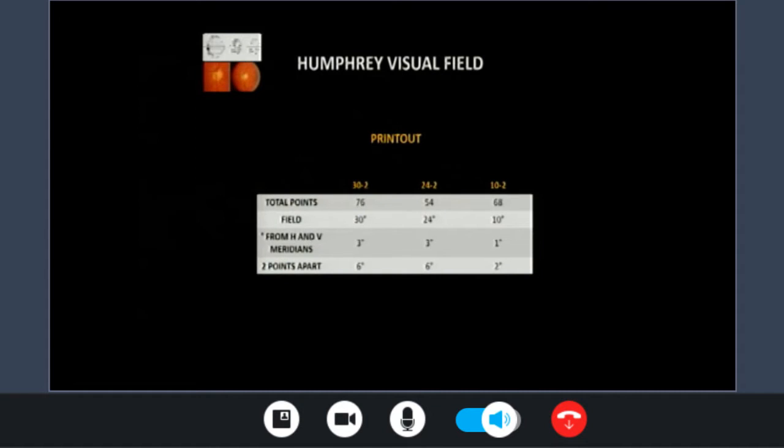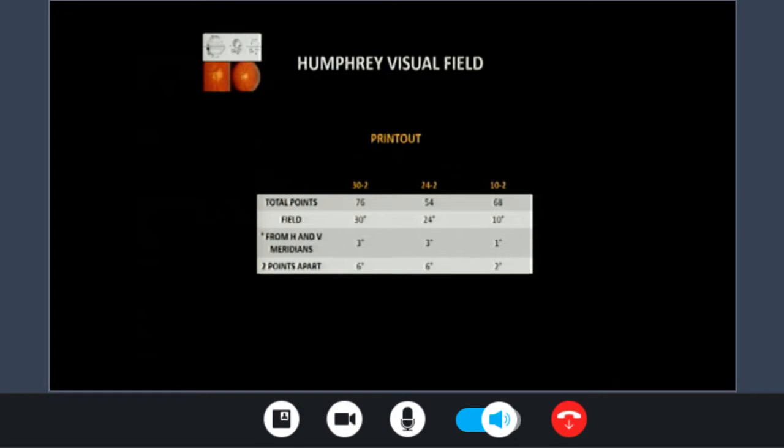So if you have 10 degrees tested, you have 68 points within this 10 degrees tested. So we are doing a lot of tests in this small 10 degrees. So that's why 10-2 is giving us a magnified image of the macular area and the juxtafoveal area. That's why 10-2 is being used for patients with advanced glaucoma.